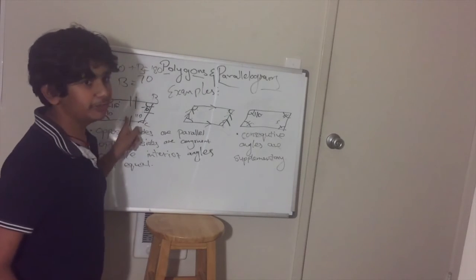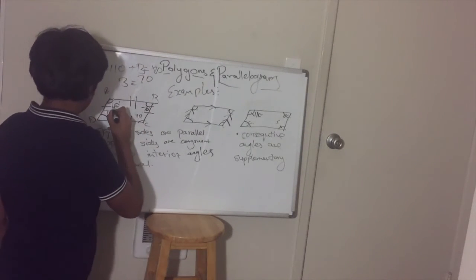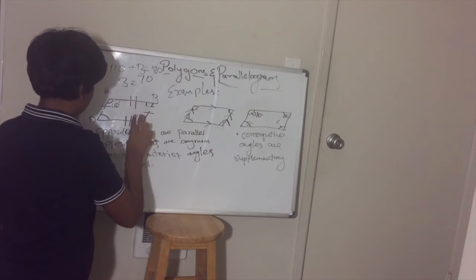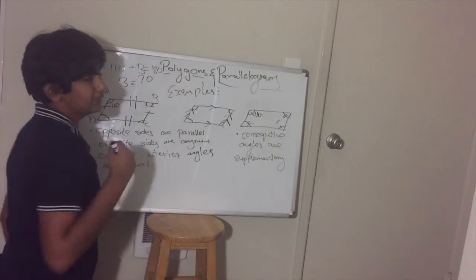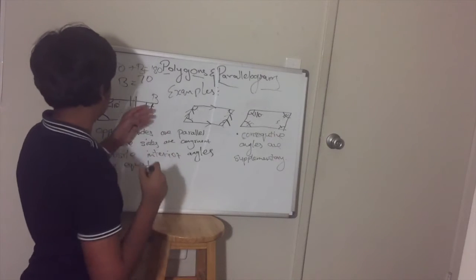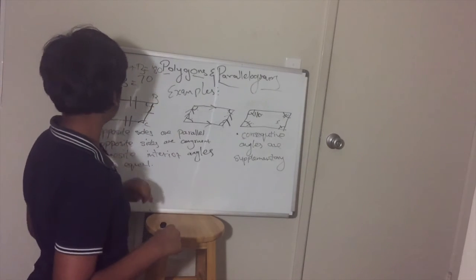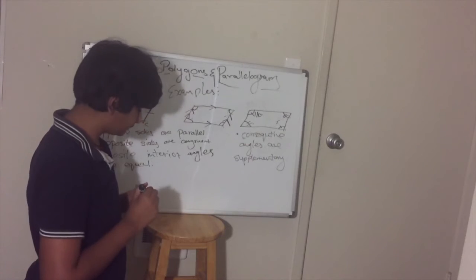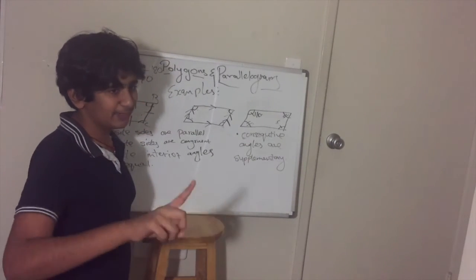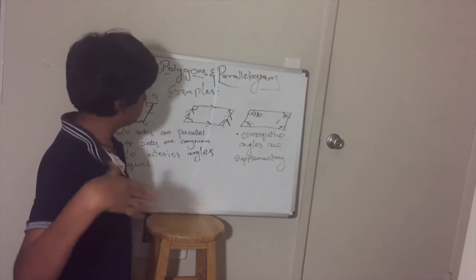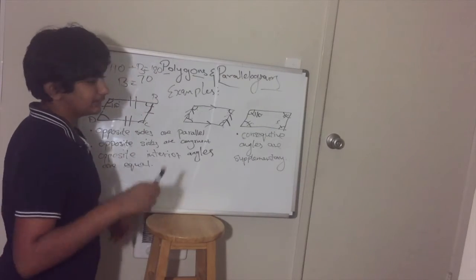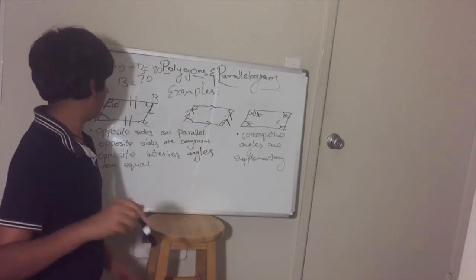I did an example here. Say angle A is 110 degrees, and the question says to find angles B, C, and D. There are two ways to do this problem: one is a long procedure, and the second one is the easy way. First, let's take a look at the long way.